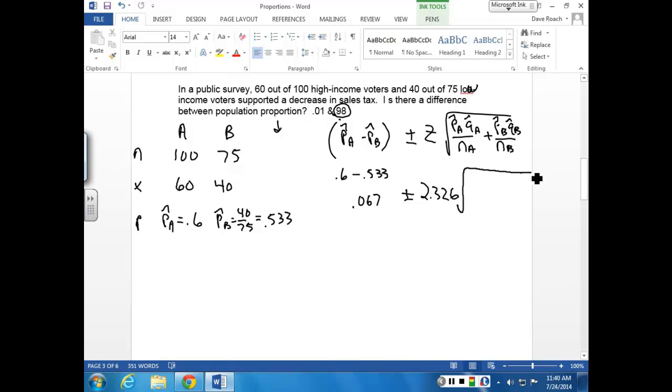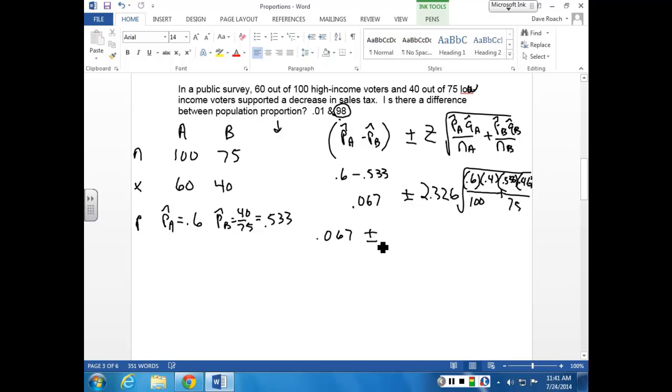Times now the standard error. Let's see if I can get this all in here. 0.6, and 1 minus that is 0.4, divided by 100. Plus, now the 0.533, and 1 minus that is 0.467, divided by 75.